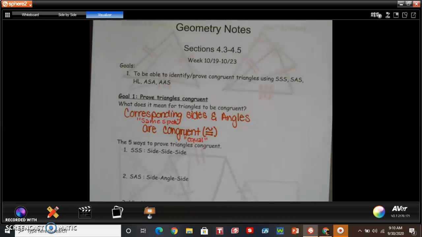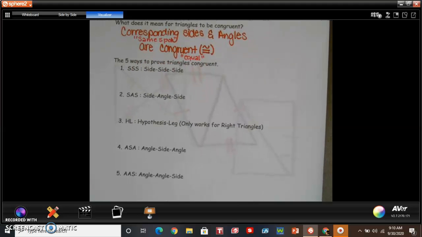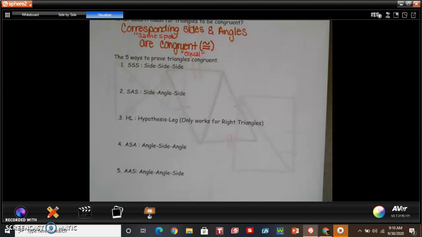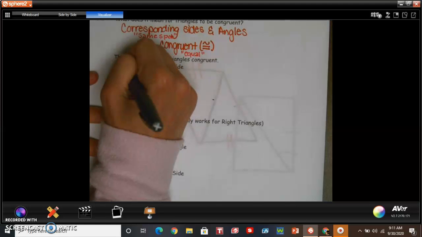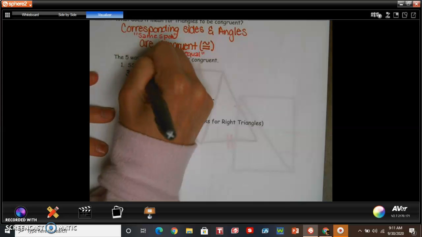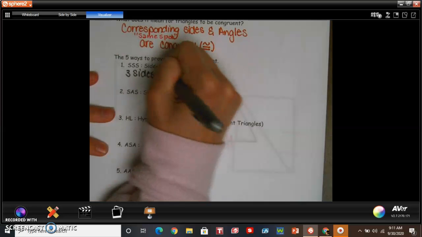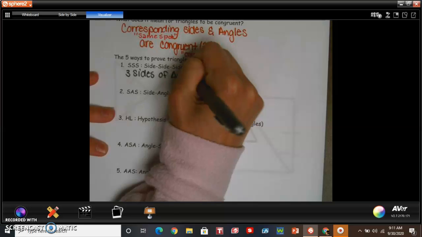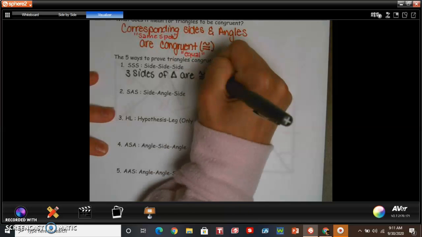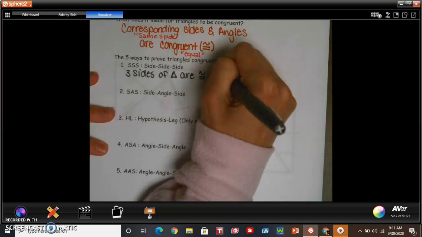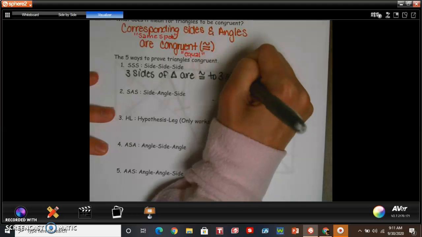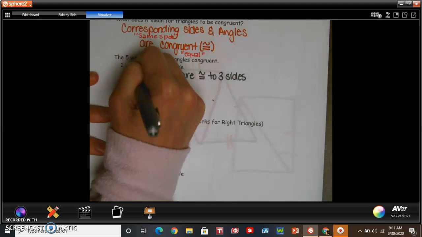All right, so let's talk about our 5 ways to prove triangles congruent. So our first way, SSS, which means side, side, side. This is when 3 sides of a triangle are congruent to 3 sides of another triangle.